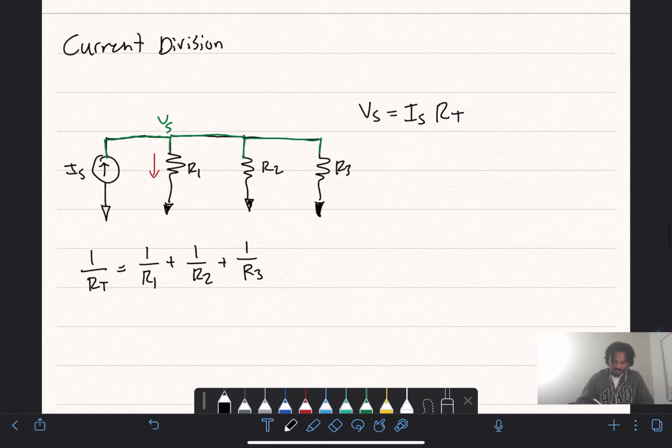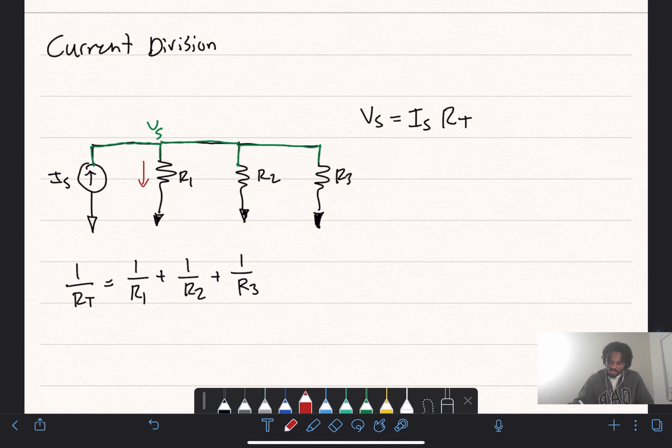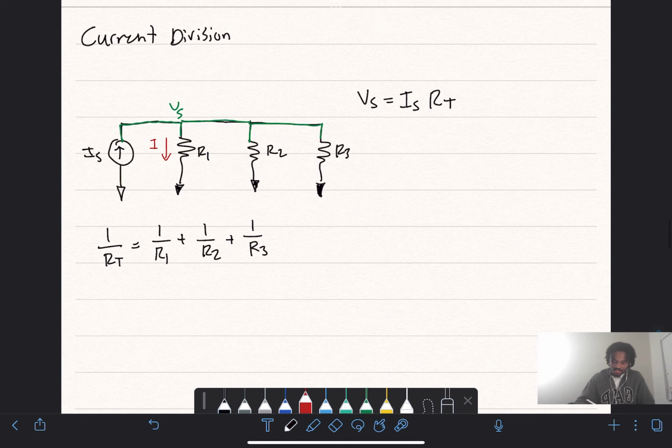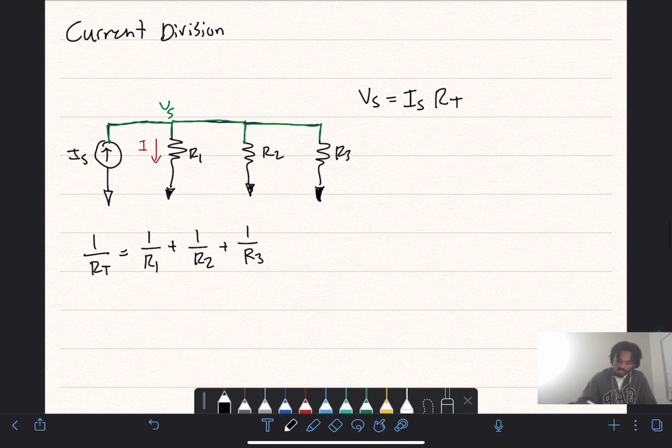And then because in these problems we're also given a specific branch current we're looking for, in this case the current through our resistor 1, we can define that with Ohm's law as well.